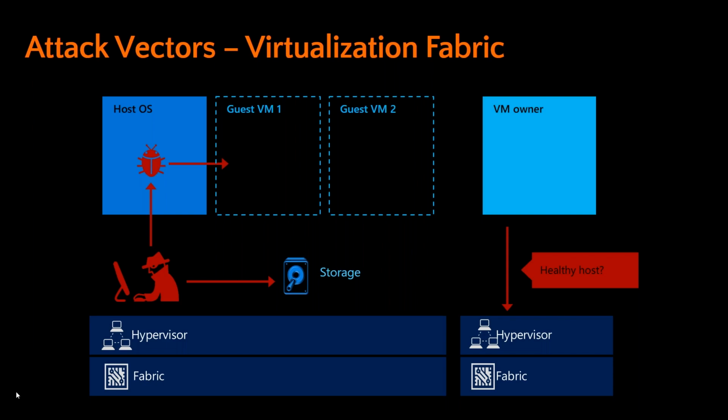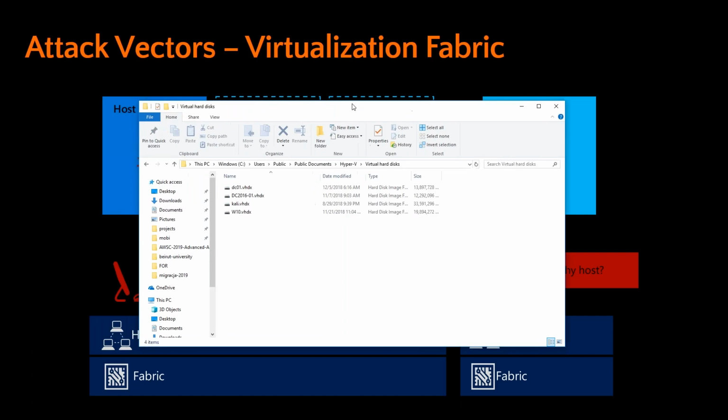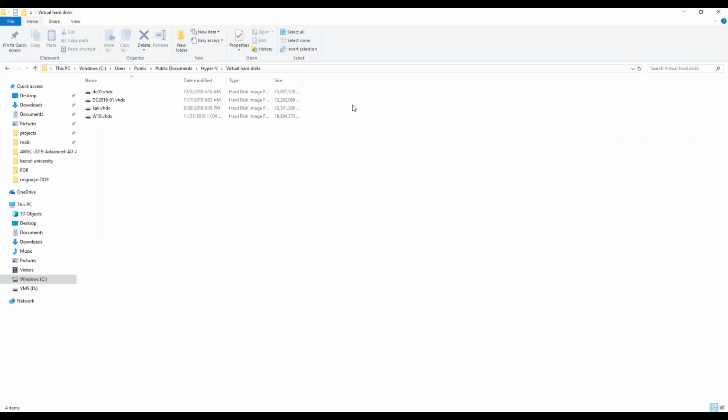Give me a second, please. Okay, this is how virtual machines are seen by storage administrators, Hyper-V administrators. They can steal the hard drive, and the virtual hard drive can be copied even if the virtual machine is running, so there is no protection here.